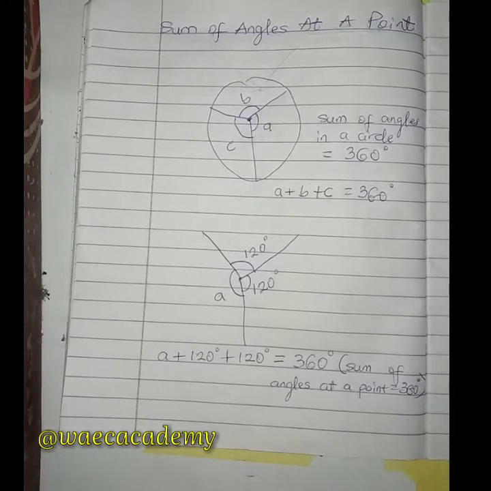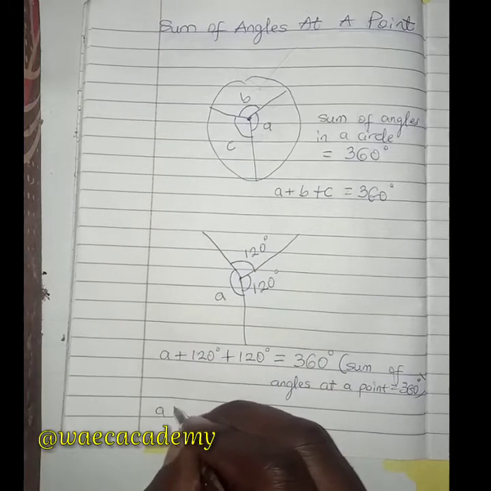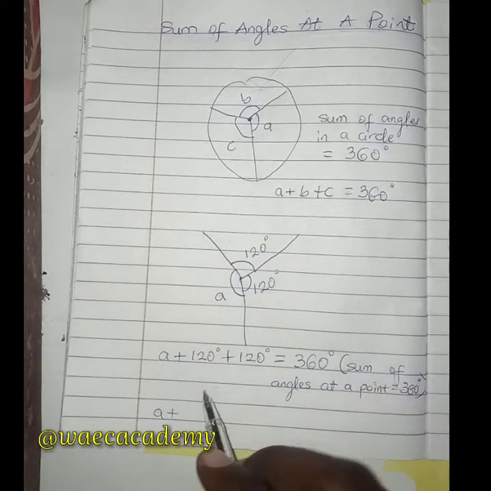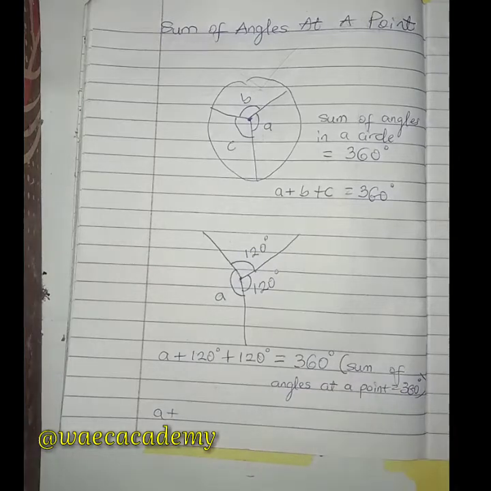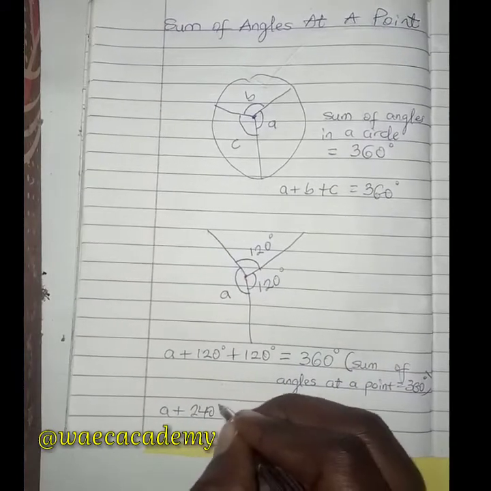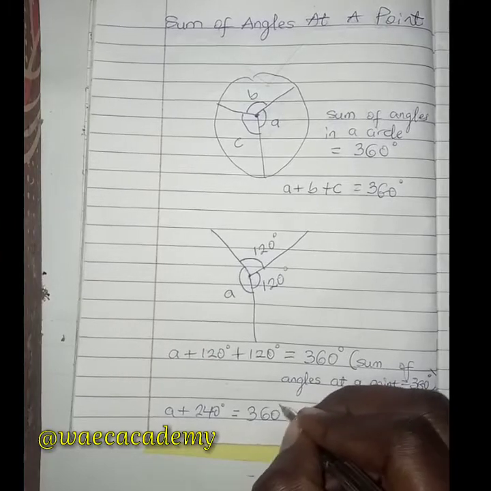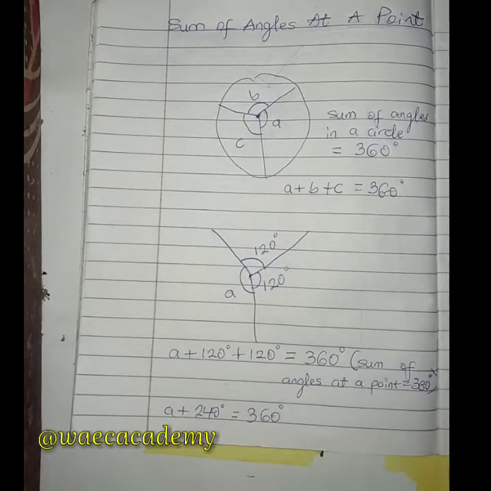That's the reason. Perfect. Let's continue. We have A plus 120 degrees plus 120 degrees. That gives us 240 degrees. So A plus 240 degrees equals 360 degrees. We can continue. Let's proceed.